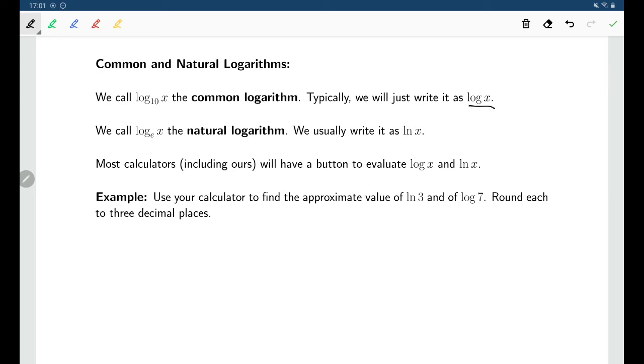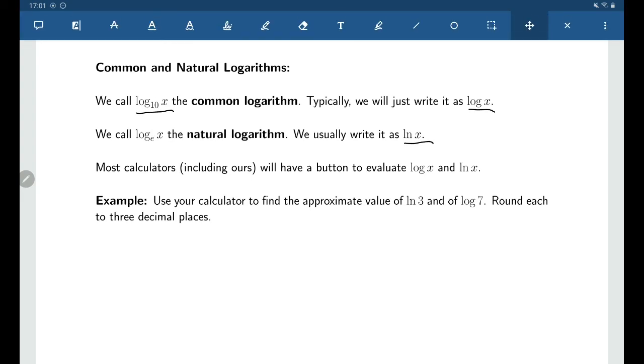So if you're doing other advanced courses in mathematics later on, depending on where your book comes from, that little bit of notation may be different. But for most books published in North America, this is the standard way of writing things: when you see a log with no base, it means log base 10, the common logarithm, and ln means the natural logarithm, log base e.